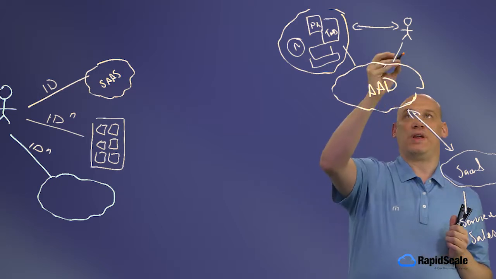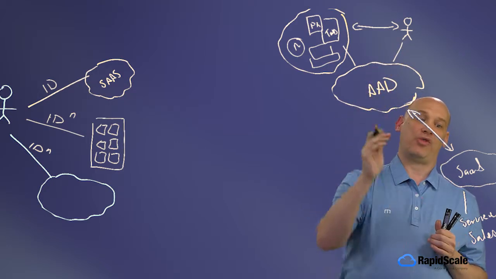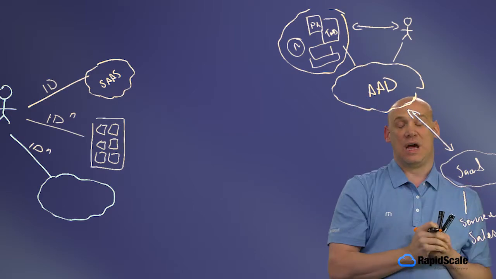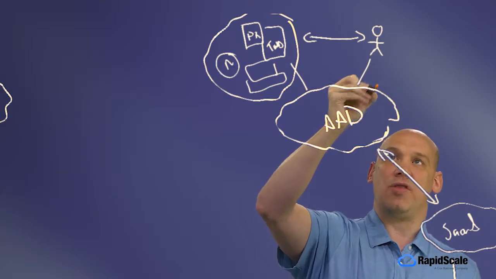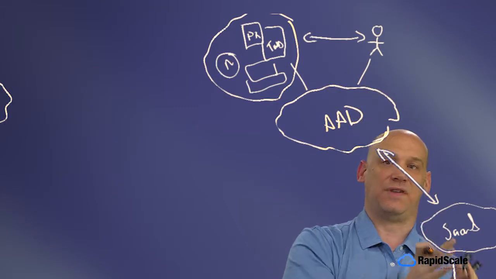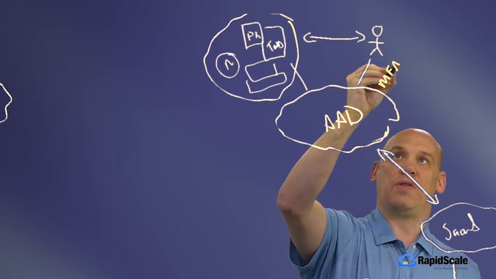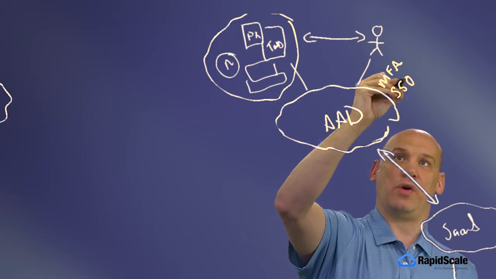Azure Active Directory then says to the individual, you log into Azure Active Directory, I then log in on your behalf to those services and make sure you're authenticating. It then can provide other tools to ensure that that is a safe and secure connection. Tools such as multi-factor authentication, tools such as single sign-on.